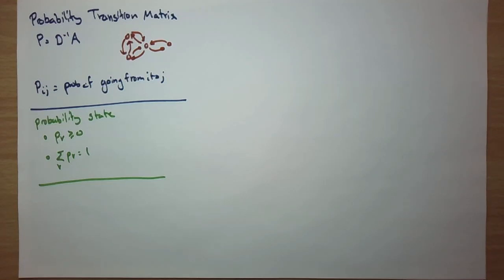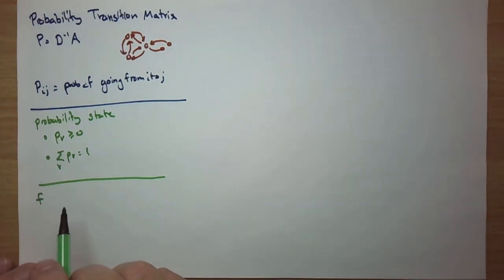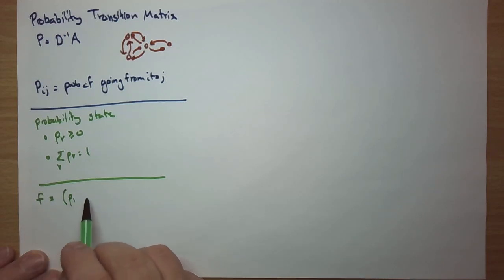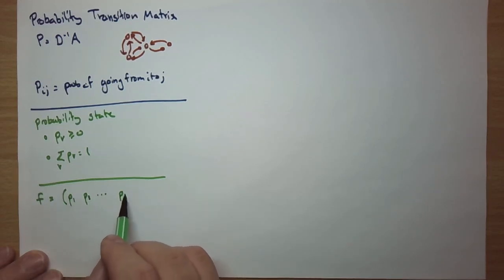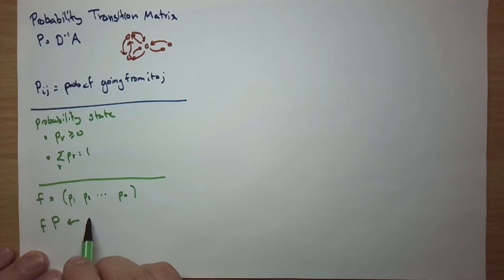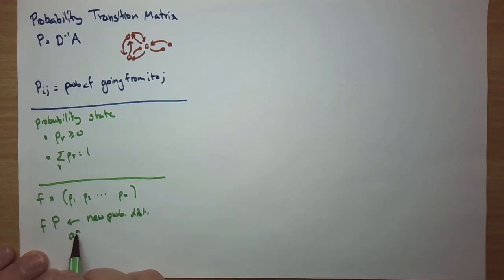The claim is, if we take one of our probability distributions and write this as a row vector, so probability at vertex 1, probability at vertex 2, up to probability at vertex n, then if we take one step in our random walk, this is f times P, the new probability distribution after taking one step.